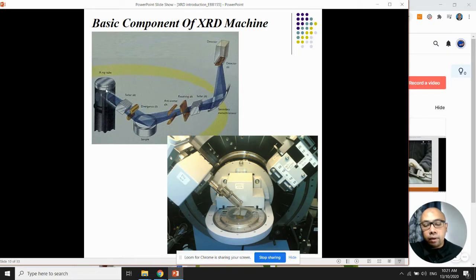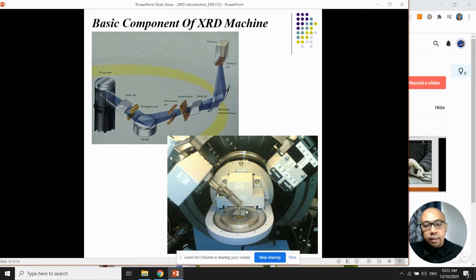This X-ray wavelength will bombard the sample on top of the sample holder, and the wavelength that passes through the sample will reflect back or diffract back and then be detected by the detector. The pattern, as I mentioned in the first part, will be detected by the detector.